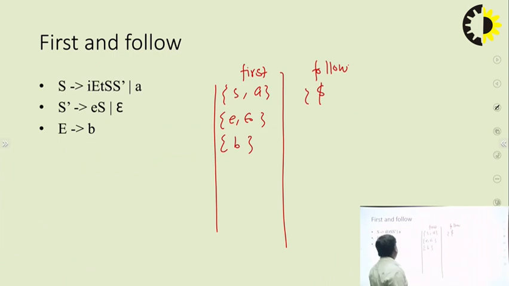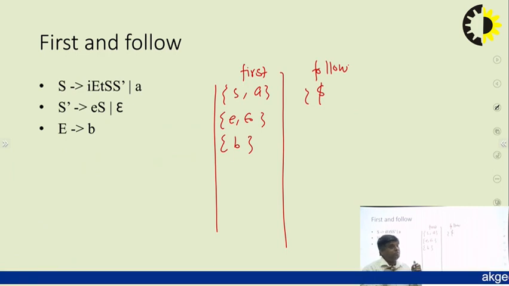dollar. Now when we compute the follow of any production rule, what is the rule? That particular non-terminal we search on the right side in a given production. Now here is S, this is the S dash and this is the S. This is S1, and here is S2, and S follows the S dash.